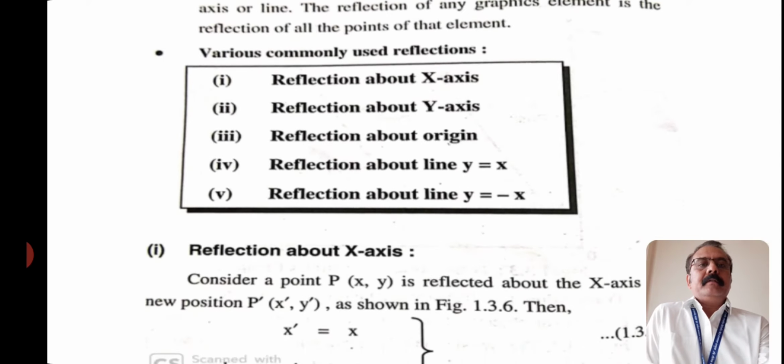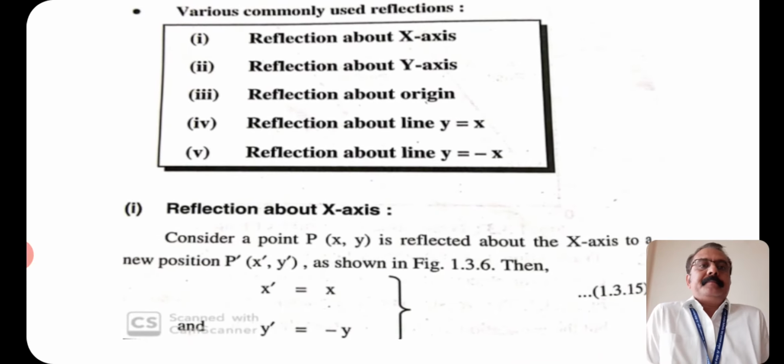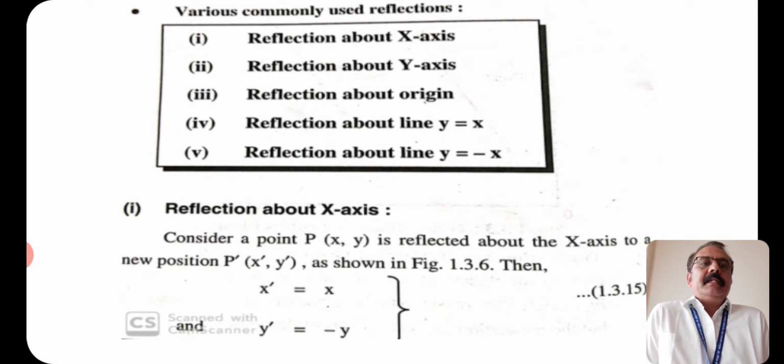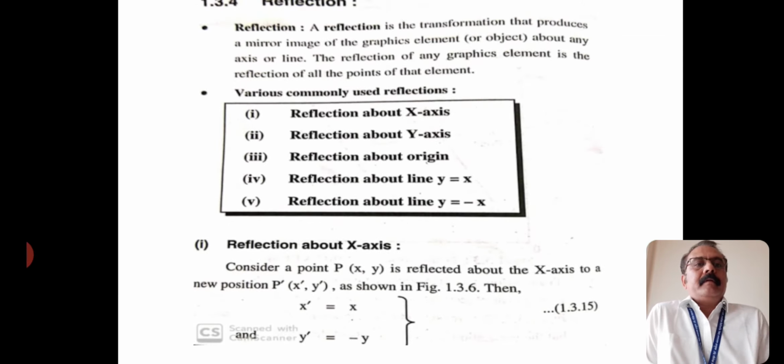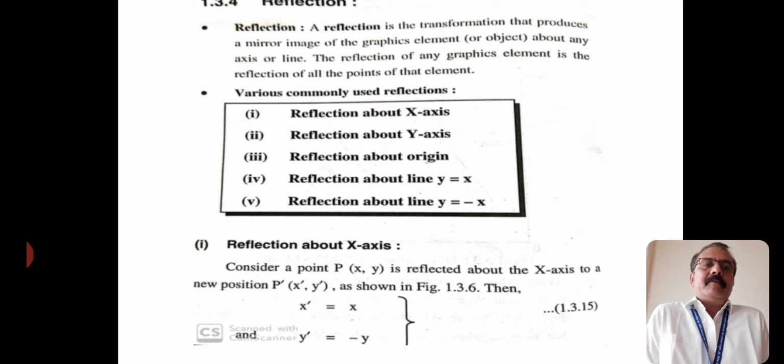Consider a point P (x, y). It is reflected about the x-axis, and the new position of the point is P' with coordinates (x', y').